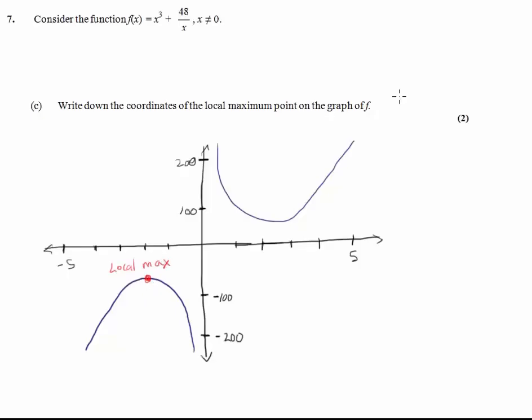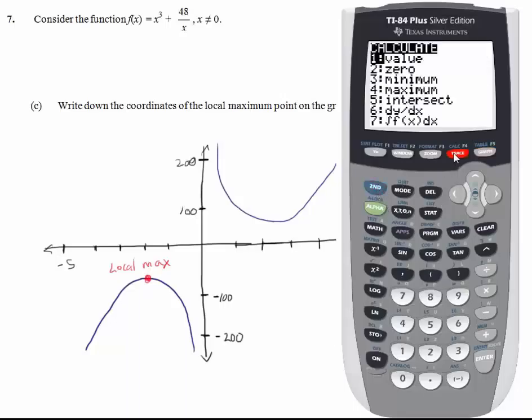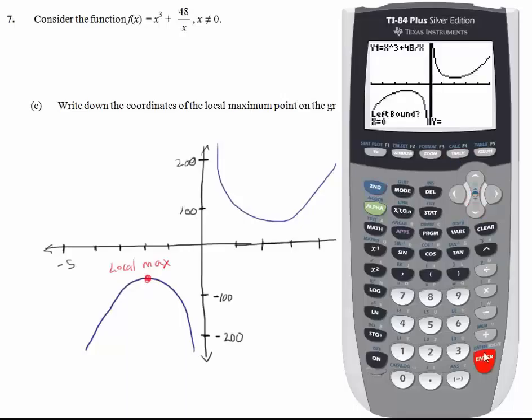From there, we just jump back to our calculator and calculate the maximum. And I'll show you a nice little shortcut to save yourself some time. When I choose the maximum, the calculator is going to ask me about the left bound and right bound. I know that the maximum is somewhere in there, so choosing the left bound at -4 would be a good choice, and I can just type that in.